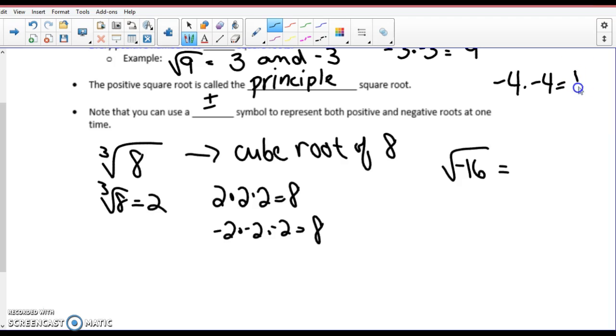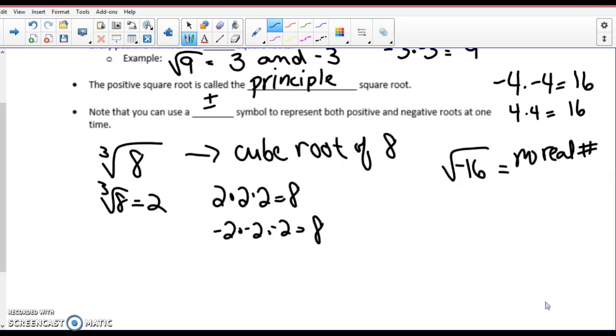It's positive 16. What is 4 times 4? Is there any number that you know of right now that when you multiply it by itself, you're going to get negative 16? You're going to write no real number. There is no square root of negative 16 that is a real number.